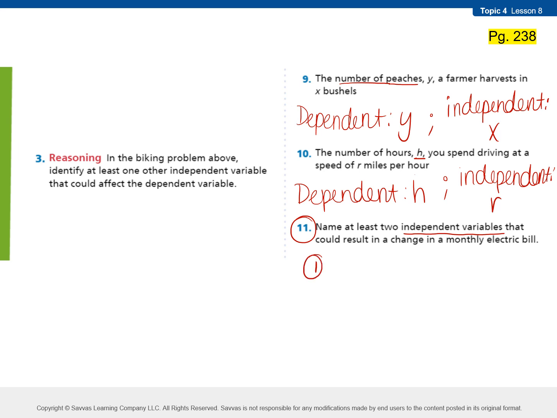So one could be the amount of electricity used. The second one could be changes in the cost of electricity.